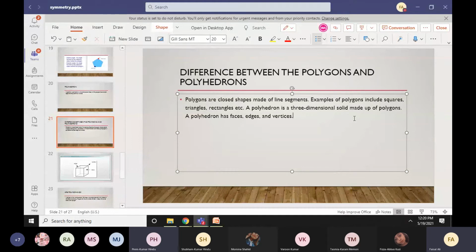Am I right? Each wall of our room is a square or rectangle, or we can say each wall is a polygon. Each wall of our room is a polygon also. We can say a square is also a polygon.